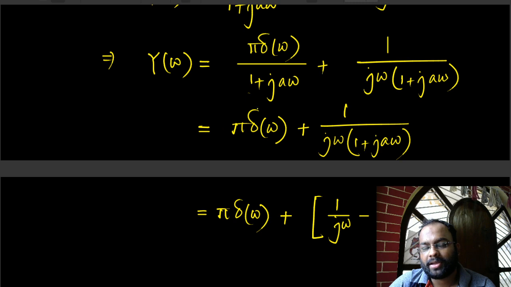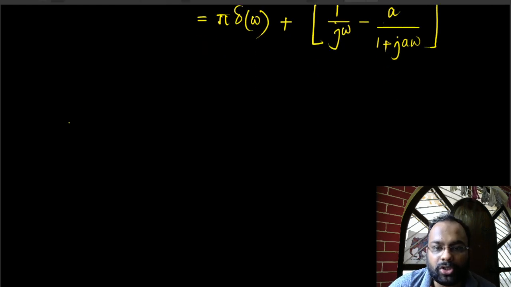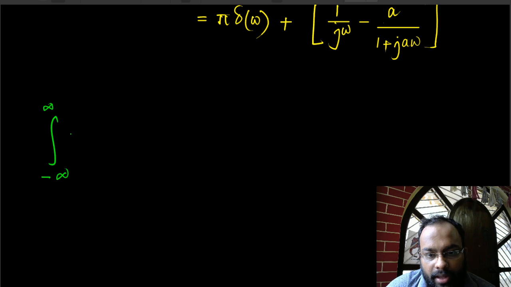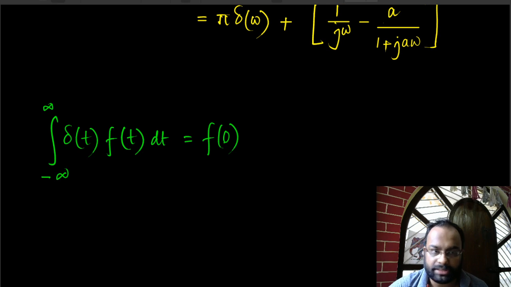I thought I could get away with this, but let's do it mathematically. If you have any query, feel free to ask. You know this, right? Delta t, I'm doing it with t, you can do it with omega, it doesn't matter. It's just a dummy variable. And we have f(t) delta(t) dt. What is this? This is f(0), right?